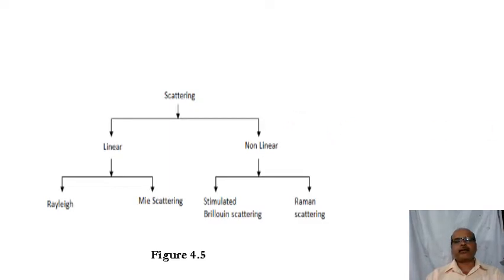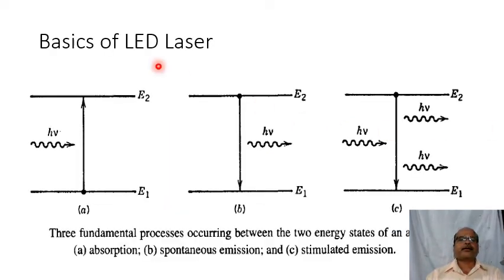Then the next, the third experiment, is on the transmission of analog or digital signal through the optical fiber. If you want to transmit an analog or digital signal through optical fiber, you can easily transmit.